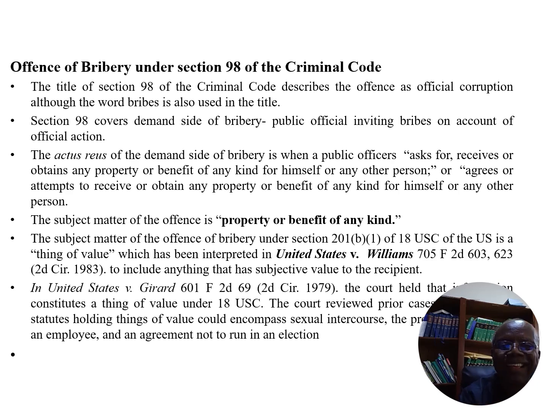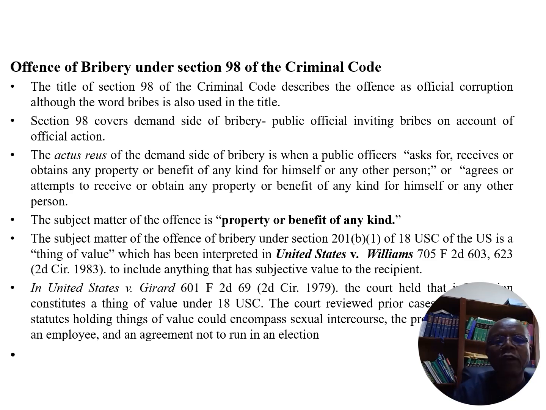Or once he is attempting to receive property or benefit of any kind in the course of official transaction, that will also constitute the offense, even though he has not successfully obtained or received the property. So we need to note that.